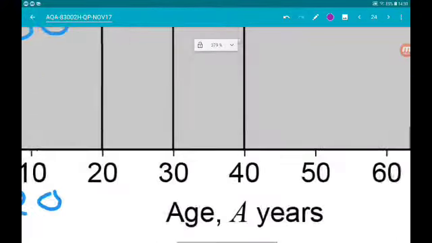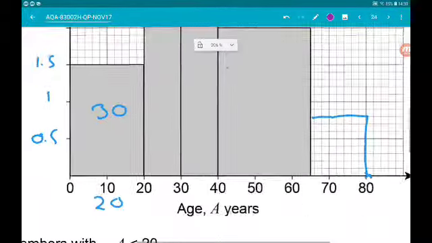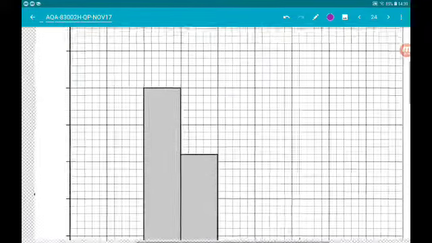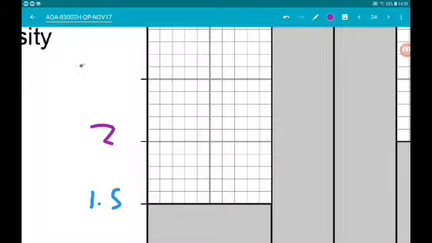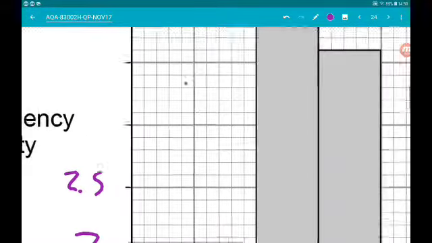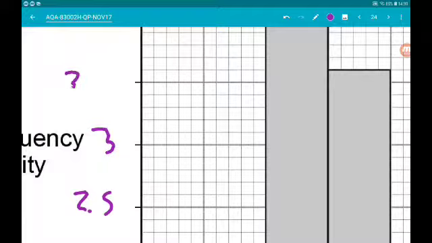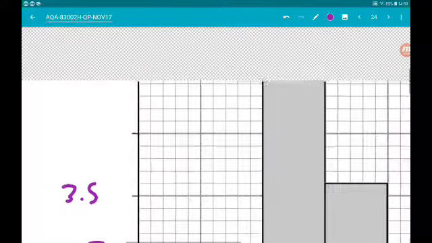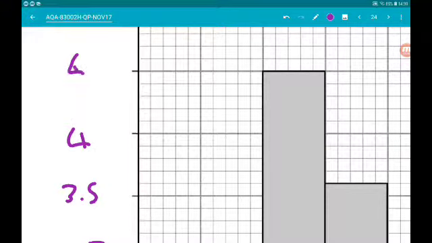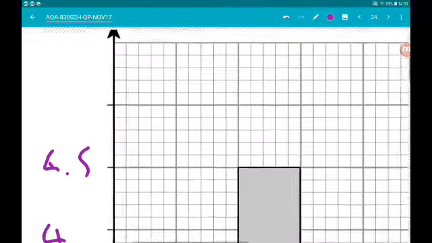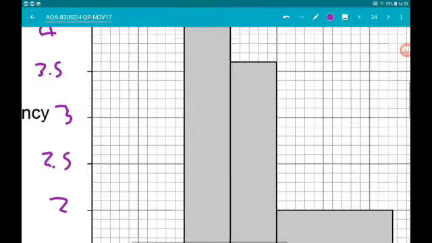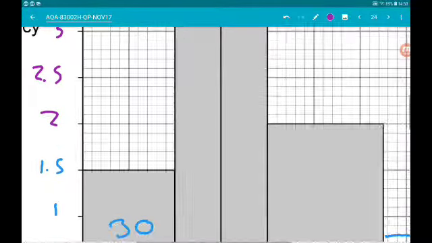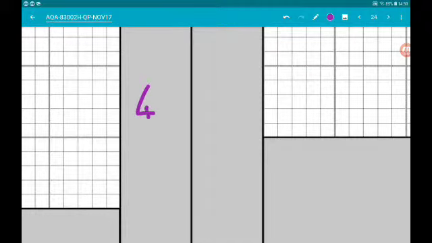So this second bar has an interval of 10 and the density, to fill this in, so we got 2, 2.5, 3, 3.5, 4, 4.5, that's as far as we need to go. So in this second bar, we got 10 times 4.5, there are 45 people in there.